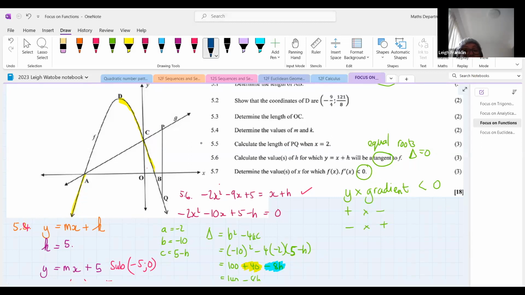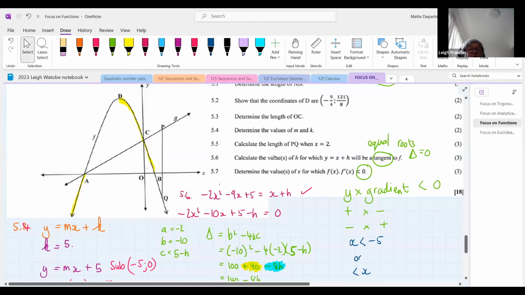Okay, so it needs to be an x value smaller than the x value at A. All right, so I know at A, x was equal to -5. So this is going to be where x is smaller than -5. Or where x is a number that's bigger than the x coordinate at the turning point.